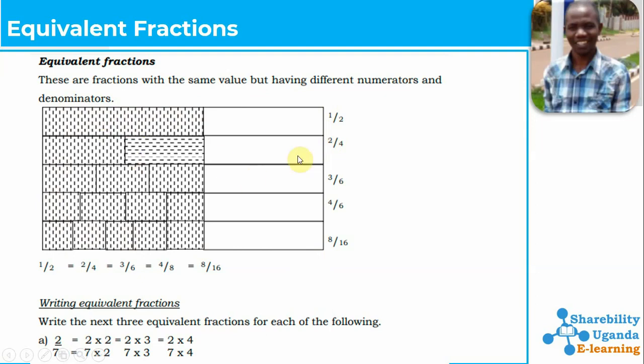This table was divided into several parts, the shaded and the unshaded. So they decided to shade this part of our shape, but they divided it into very many parts for us to be able to understand what these equivalent fractions are.